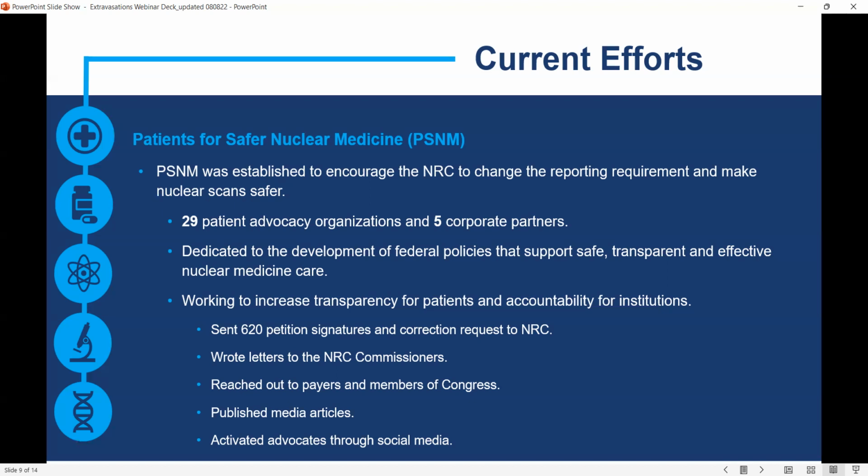So currently we have 29 patient advocacy organizations as members of the coalition, 5 corporate partners, and we're growing every week. We are dedicated to the development of these federal policies that support safe, transparent, and effective nuclear medicine care. So what have we been doing?